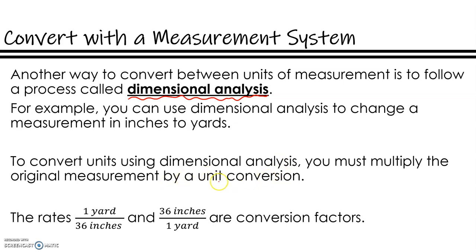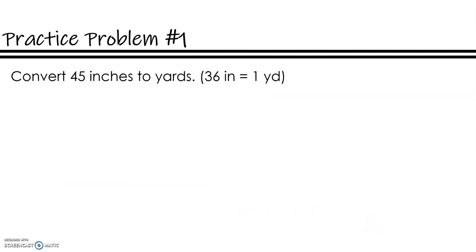Okay, so to convert using dimensional analysis, you must multiply the original measurement by the conversion. And we're going to do 2 examples together for this. The ratios 1 yard over 36 inches and 36 inches over 1 yard are conversion factors. So let me show you an example.